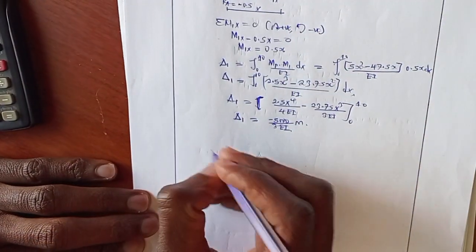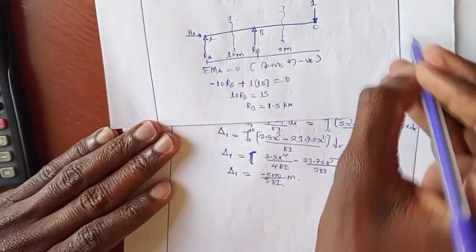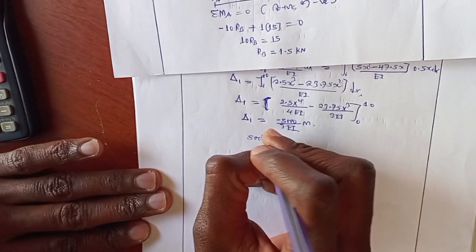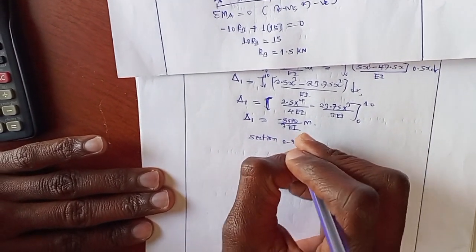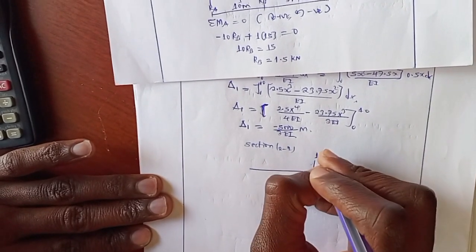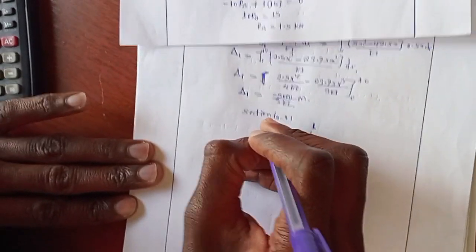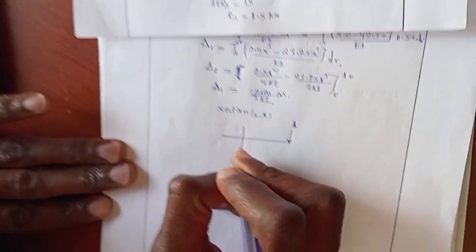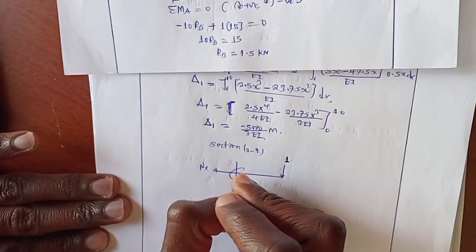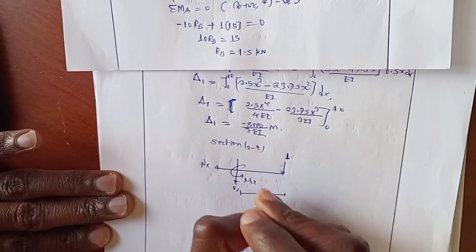Now for section 2, let's consider section 2. Section 2 will be in this way. This is the 1 unit load here. This is shear force Vx, normal force at point x. This is unit moment at point x. This is a known distance.